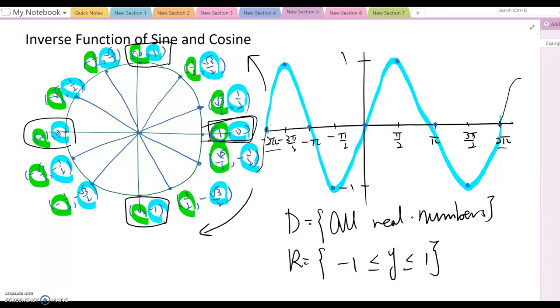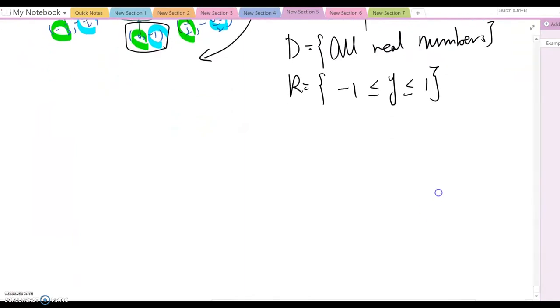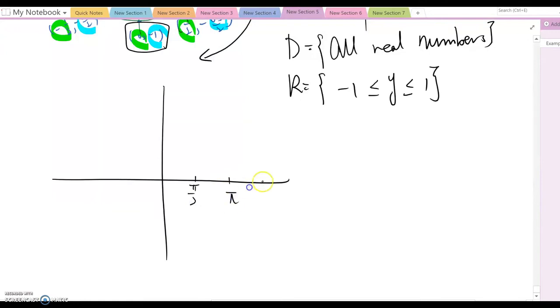Okay. Then let's start drawing the cosine function's graph. So I can set up pi over 2, pi, 3 pi over 2, 2 pi, negative side also, negative pi over 2, negative pi, negative 3 pi over 2, and negative 2 pi here.